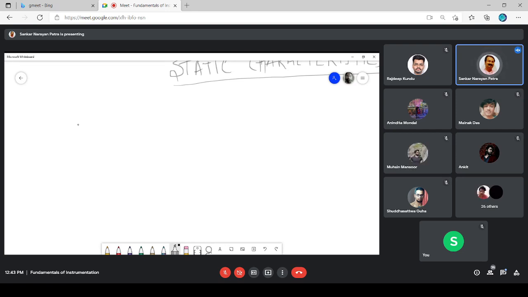Here I said, pure water at 1 atmospheric pressure should have a boiling point of 100 degrees. But what we have seen is 97.3. So you got the error here. It is a 2.7 degree difference. What you need to do is tune the thermometer in such a way that it should show 100 degrees centigrade.